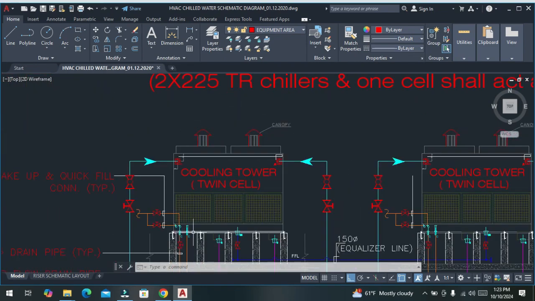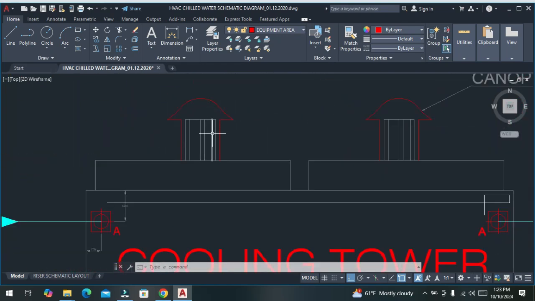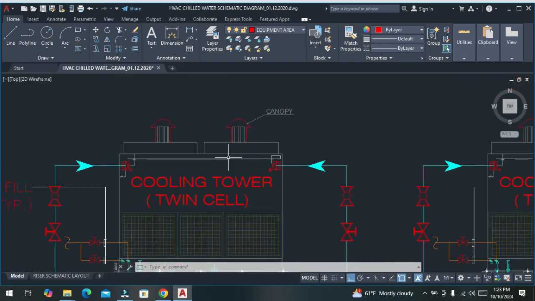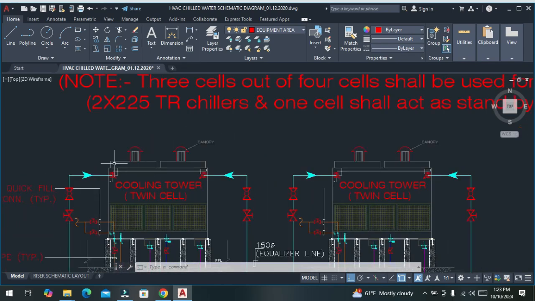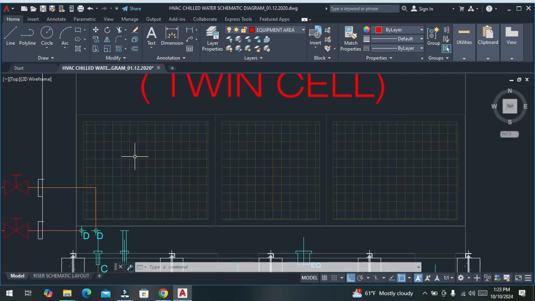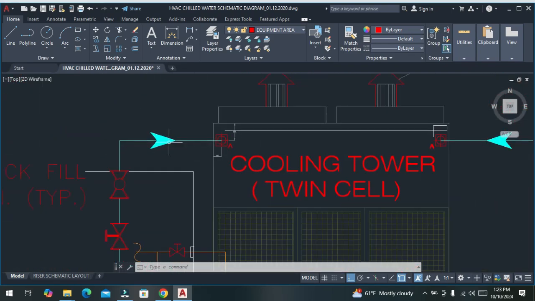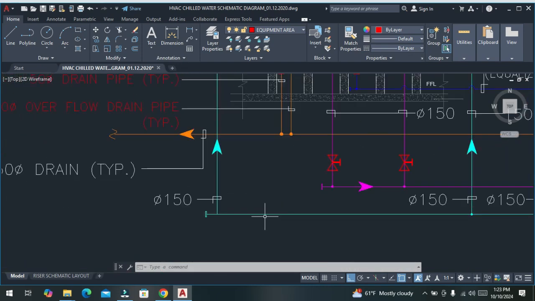Now let's talk about its structure. This is the CT fan, the cooling tower fan, which extracts the heat from this water. Okay, and this is the body of the cooling tower, and this is the nozzle where the hot water comes in.